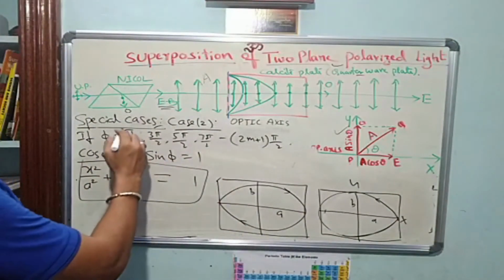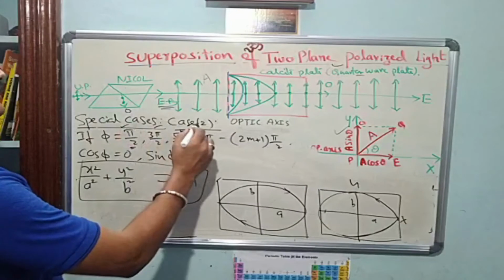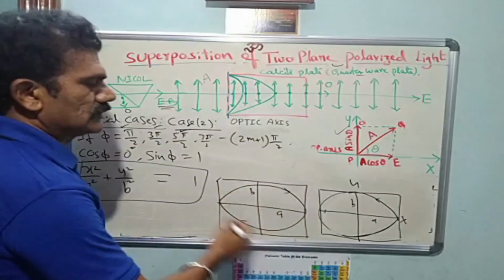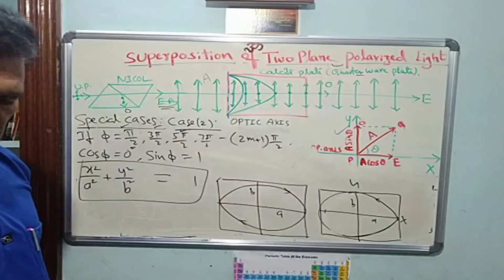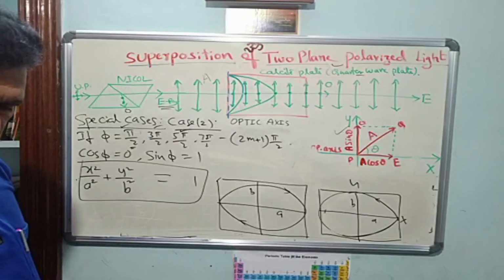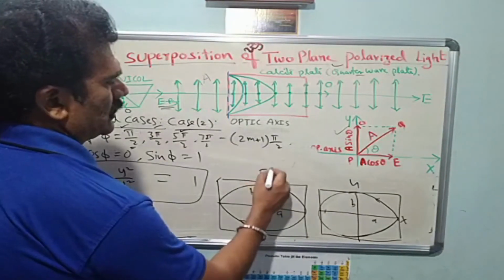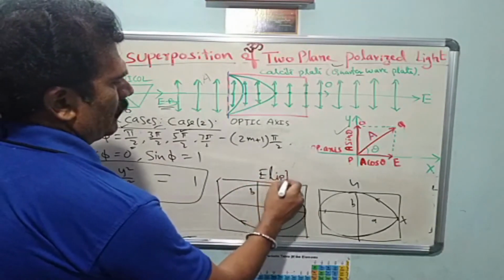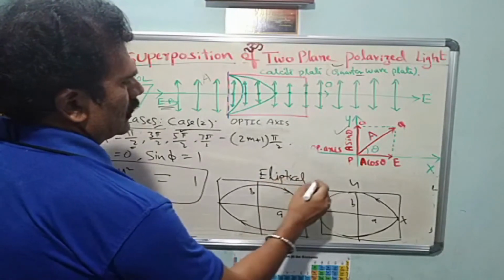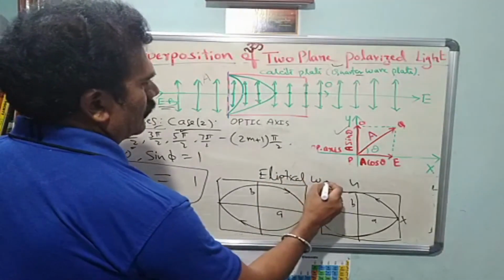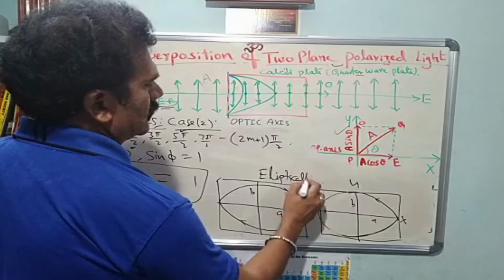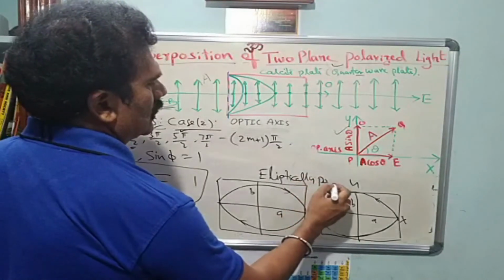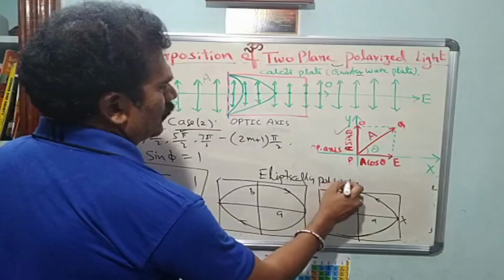Whereas if you consider the values of phi as pi by 2, etc., you will get clockwise rotation of the elliptically rotating wavefronts. Yeah, it is an elliptically polarized wave.